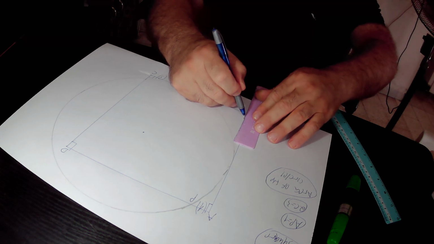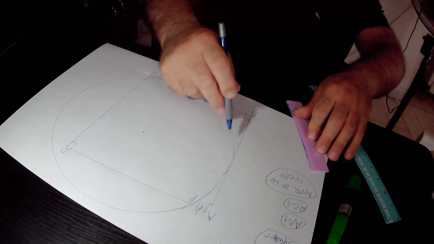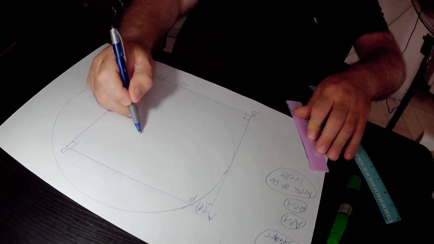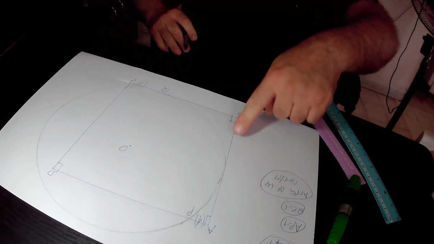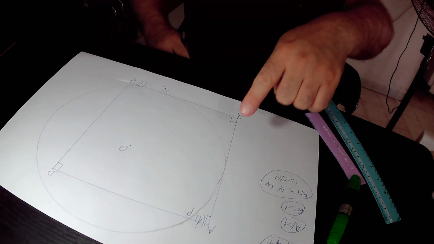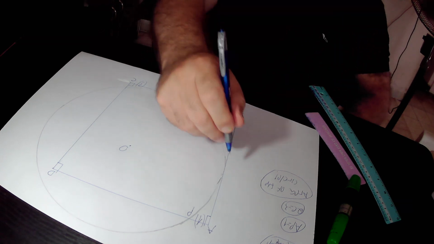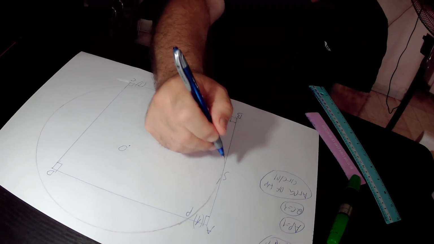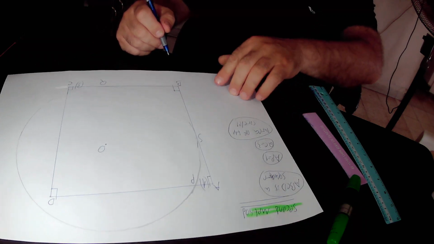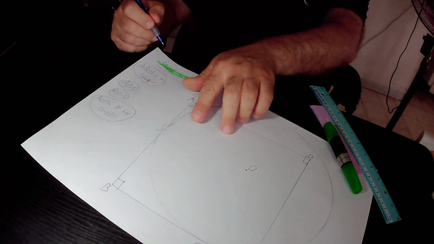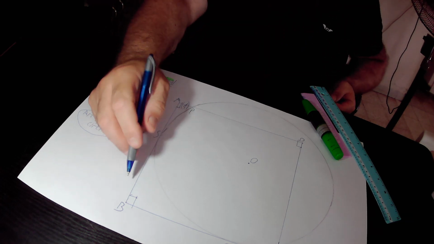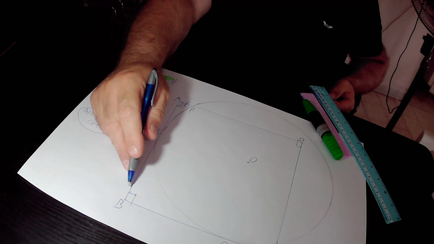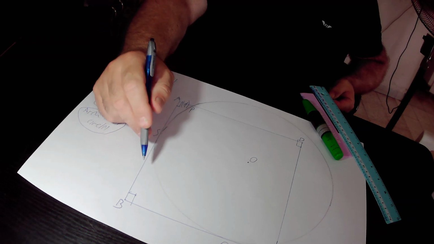In the next step, we'll define the center of this circle. This point is point O. And we'll define the point of tangency of tangent AB with this circle. This point is point S. In the next step, we focus on this point B. Point B is defined as a common external point in relation to this circle.